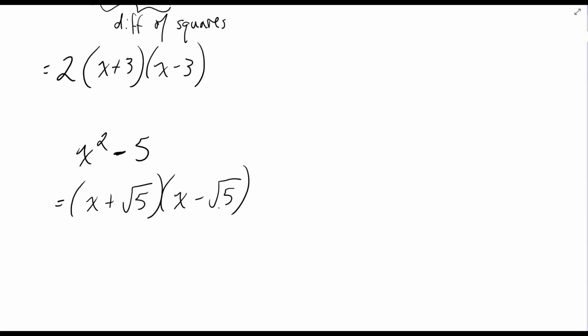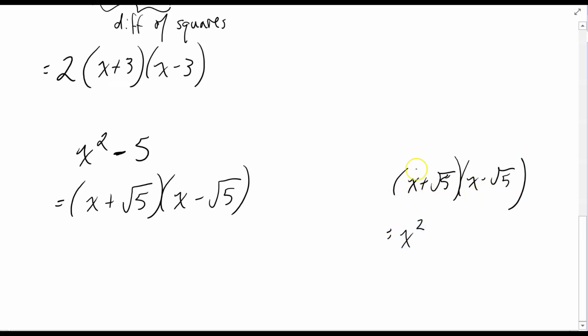Let's just do that off to the side. We will say (x plus root 5)(x minus root 5). X times x is x squared. X times minus root 5 is minus x root 5. And x root 5 times x is plus x root 5.